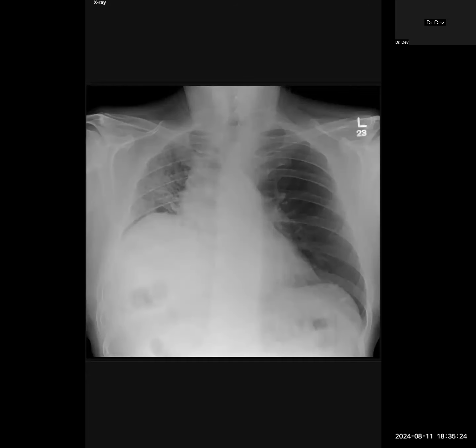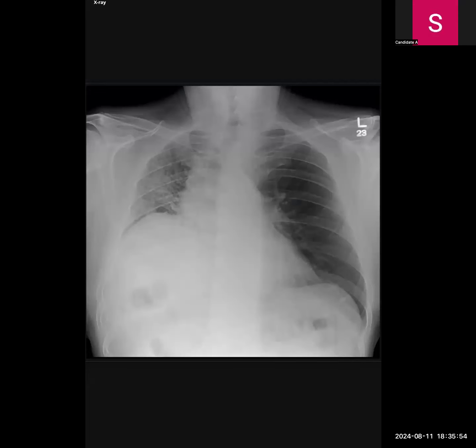What do you think? So this is a frontal chest radiograph of a skeletally mature patient. I can see that there is a radiopacity noted in the lower zone of the lung, which has loss of silhouetting with the diaphragm, also the right heart border. There is an increase in the right paratracheal soft tissue as well, with reticular nodular opacities in the rest of the upper and middle zones of the lung parenchyma.